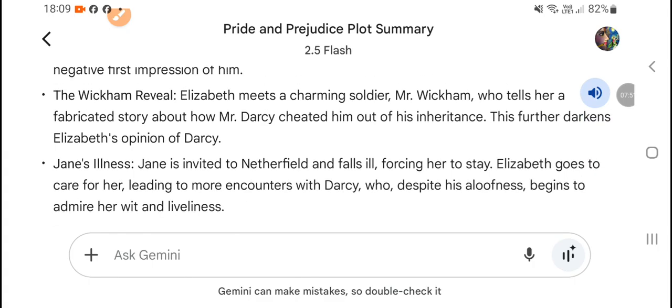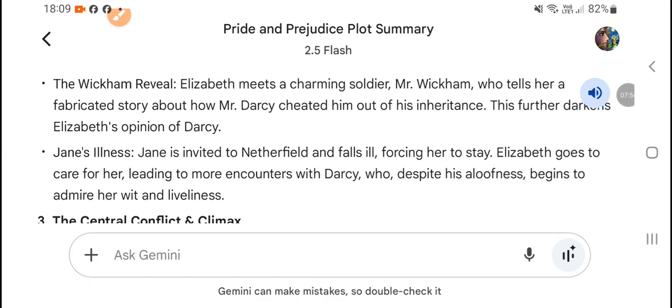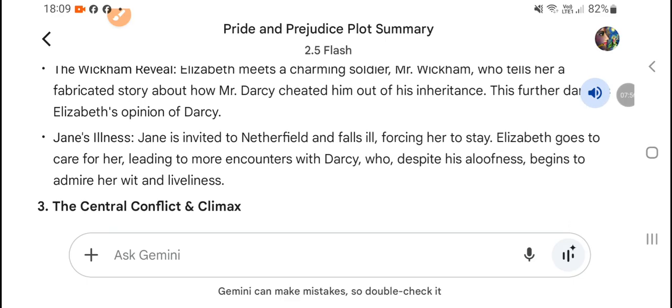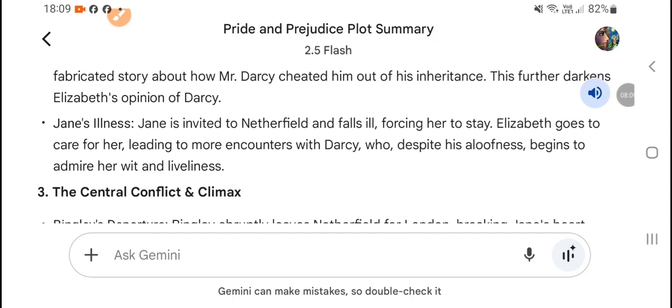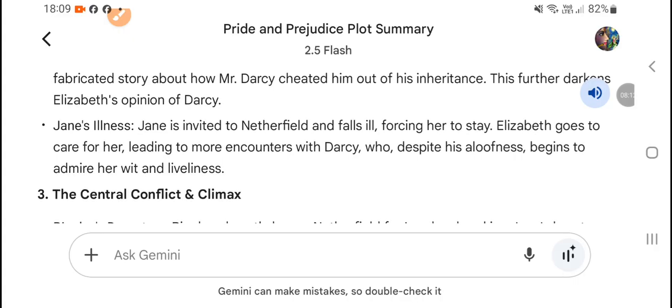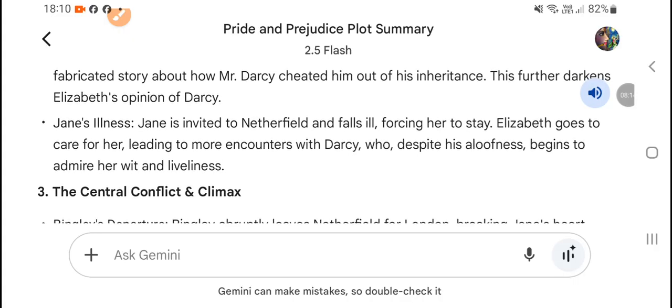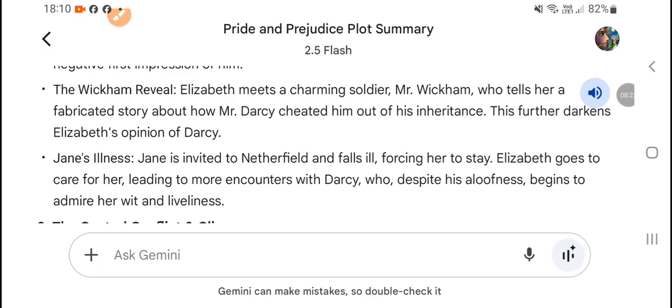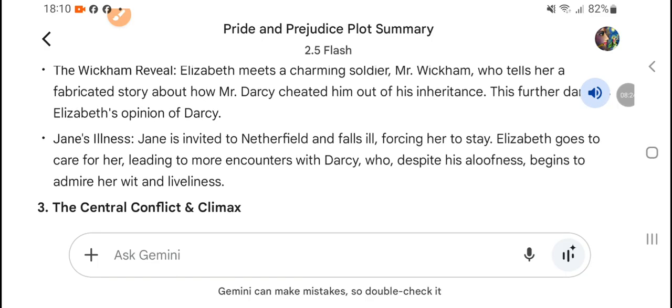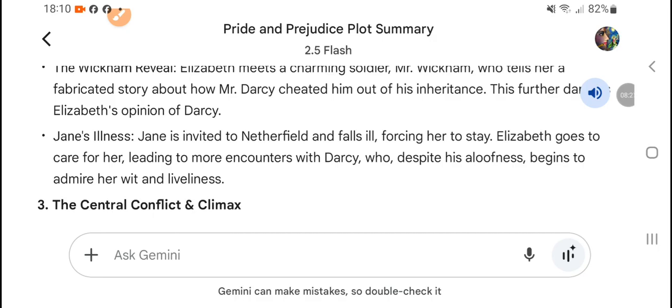He tells Elizabeth how Mr. Darcy cheated him out of his inheritance: I was supposed to inherit property, but because of Mr. Darcy's father, I could not. So he does backbiting, and Elizabeth is now more negative toward Mr. Darcy. This further darkens Elizabeth's opinion of Darcy, but later on it becomes clear.